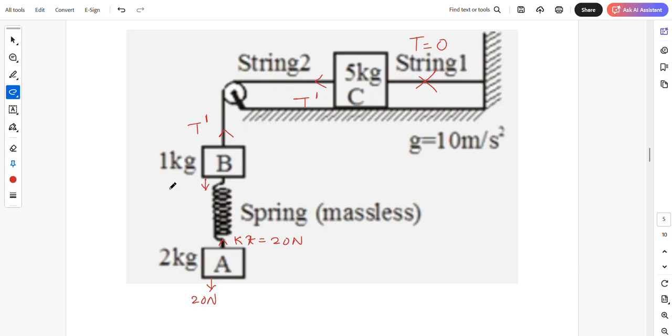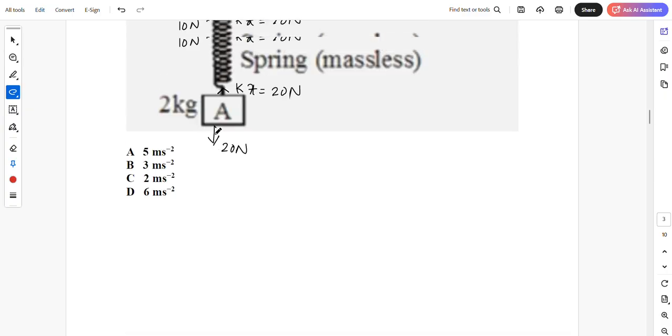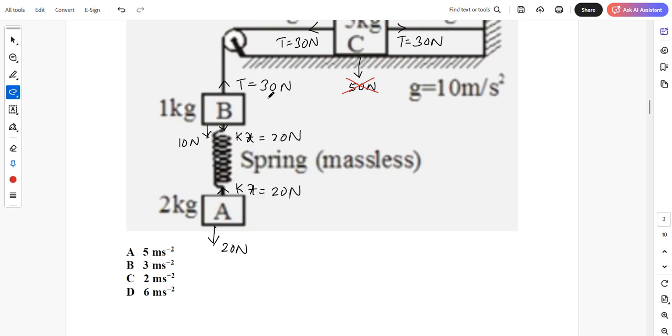This is 10 Newton. Spring force Kx is 20 Newton. Now this tension decreases. Earlier the tension was 30 Newton.